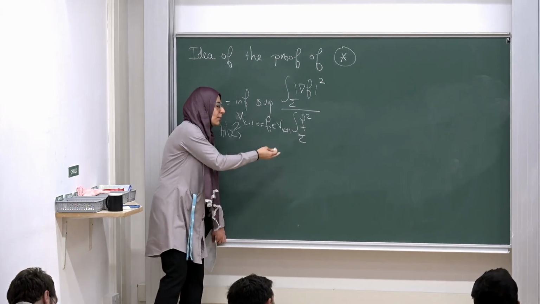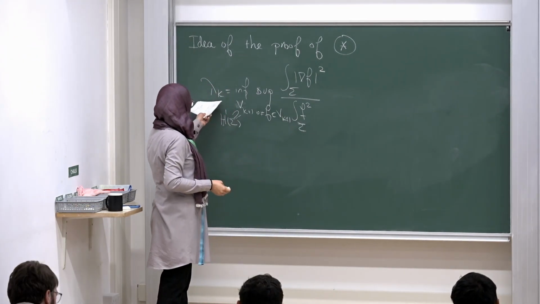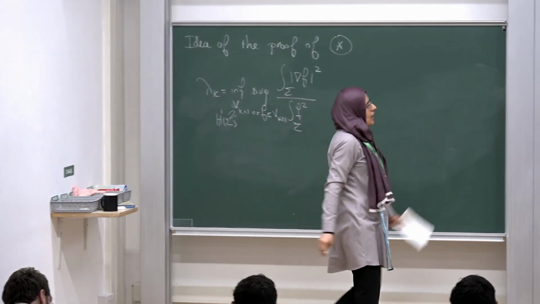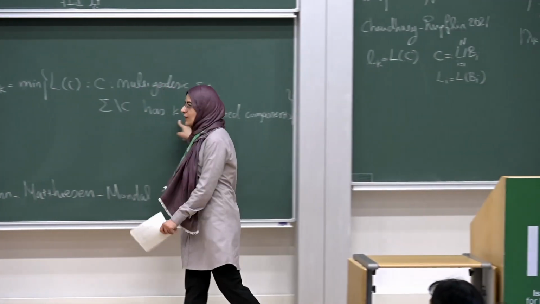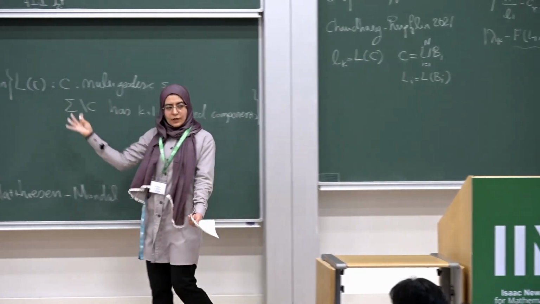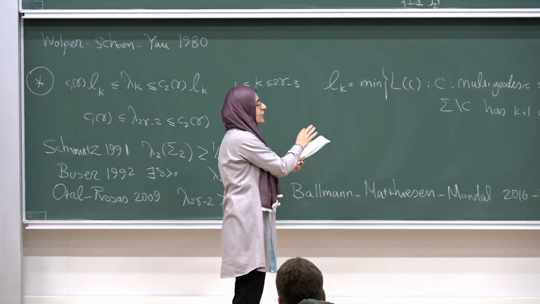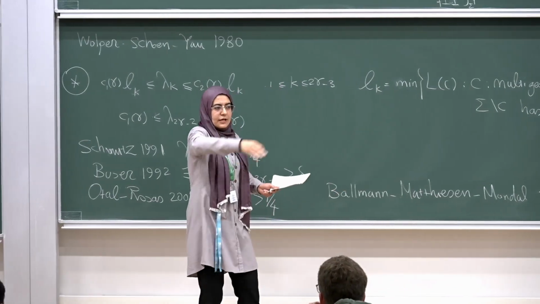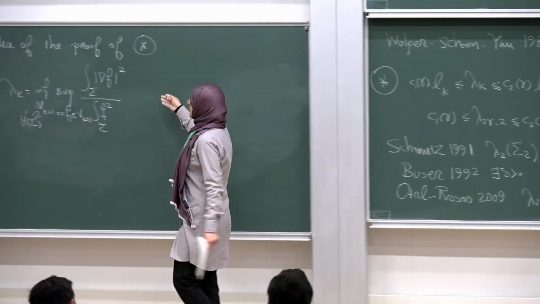So we need to come up with k plus 1 test functions to estimate lambda k. Our C that realizes Lk already gives us k plus 1 connected components. We remove the collar, and then we put 1 on one of the components, 0 elsewhere, and then we decrease linearly in the collar.